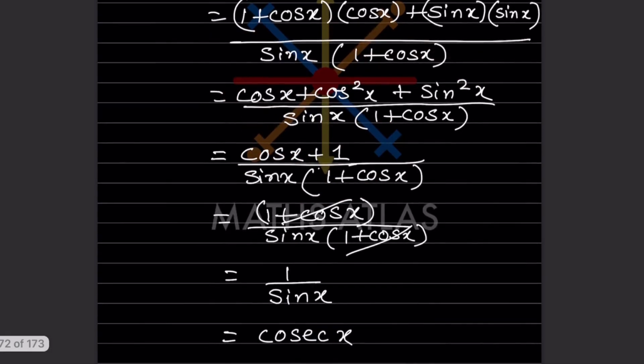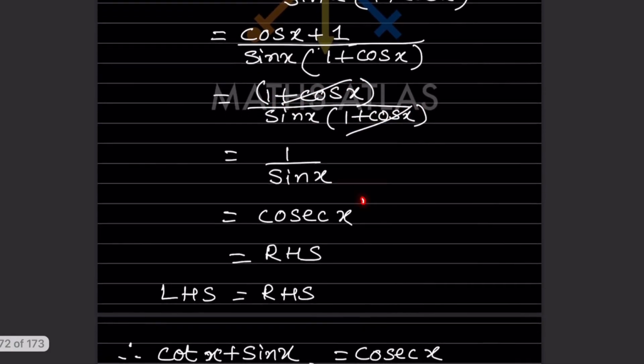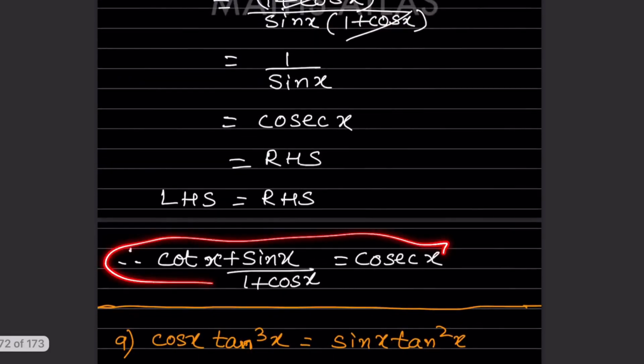Now for this one we can write 1 plus cos x, and again this will be the same. So what happens here, this and this get cancelled. What remains is 1 by sin x, which is cosec x. That is, LHS is equal to RHS, and then this is proved.